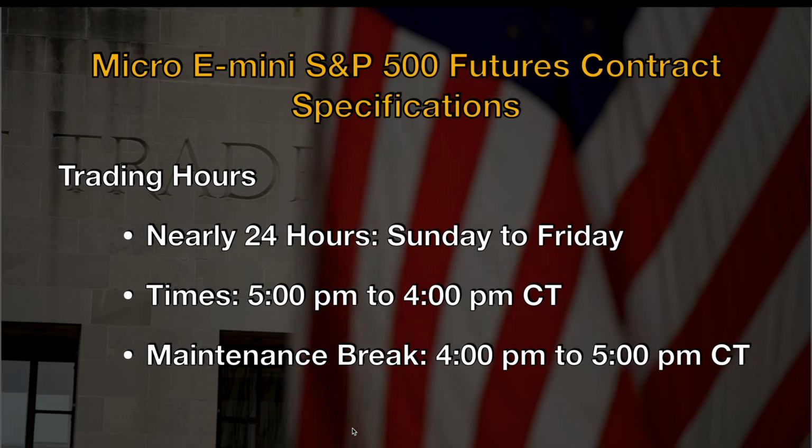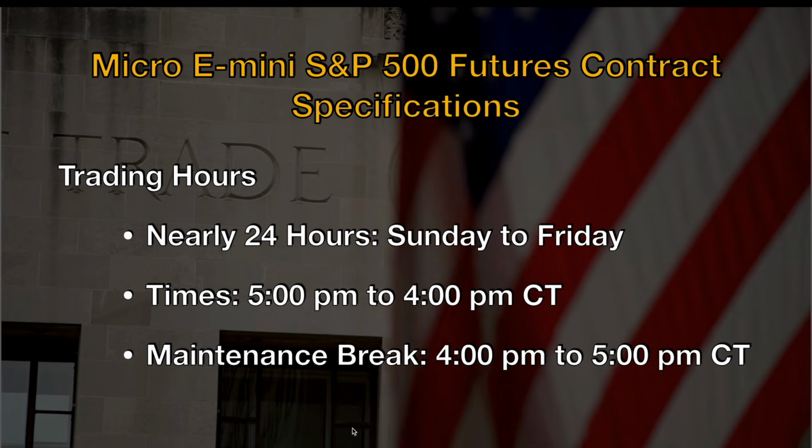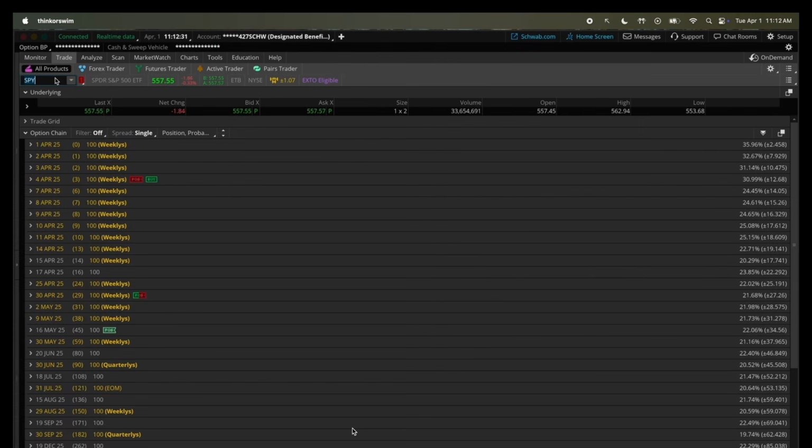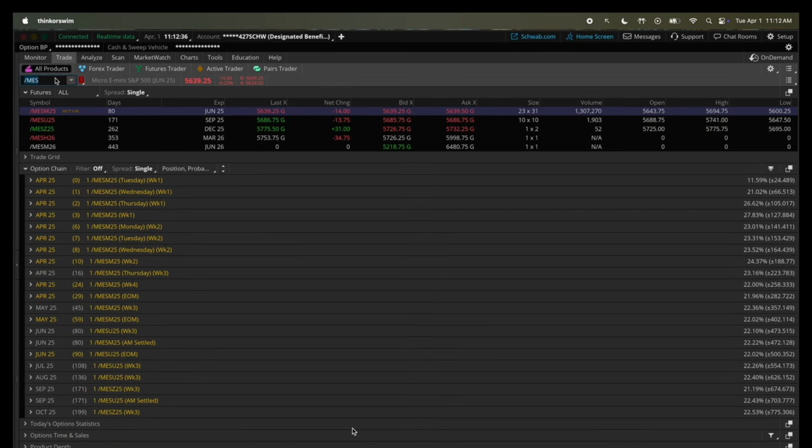One of the major advantages of futures trading is the extended hours. MES trades nearly 24 hours a day from Sunday to Friday, 5 p.m. to 4 p.m. Central Standard Time, with a daily maintenance break from 4 p.m. to 5 p.m. Once again, bringing up the /MES futures contract in the trading platform, we can see that the contracts are available in quarterly cycles.